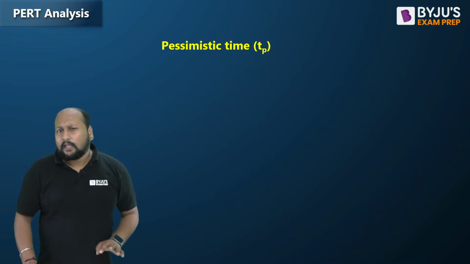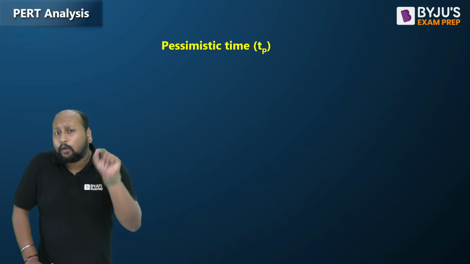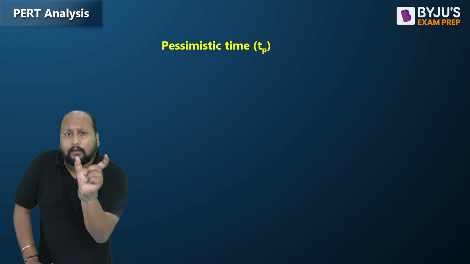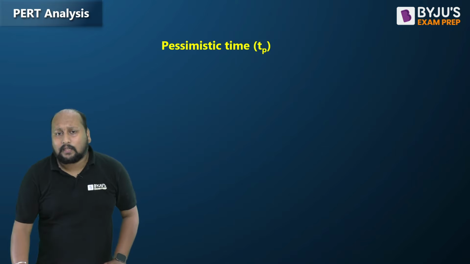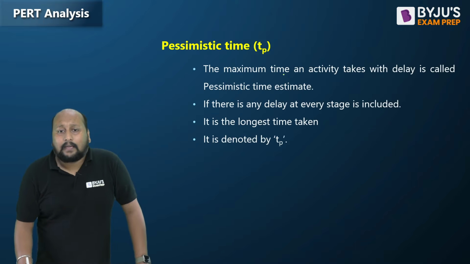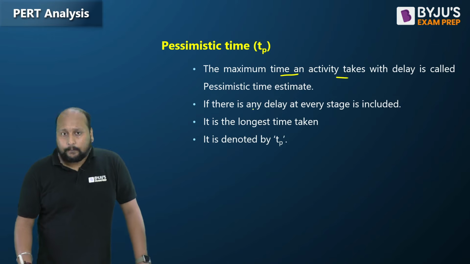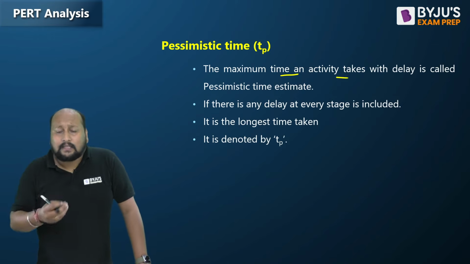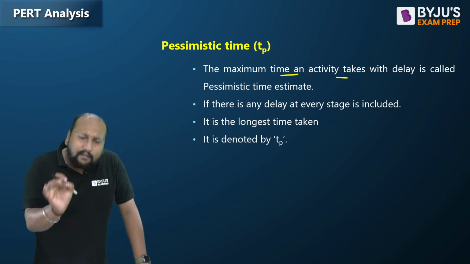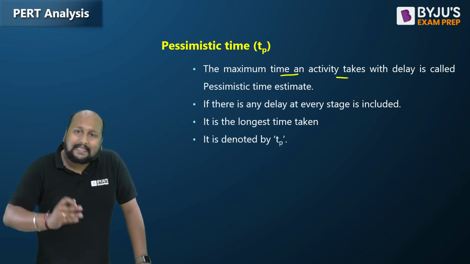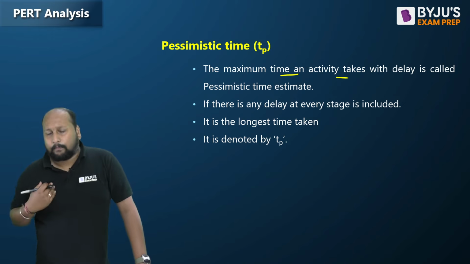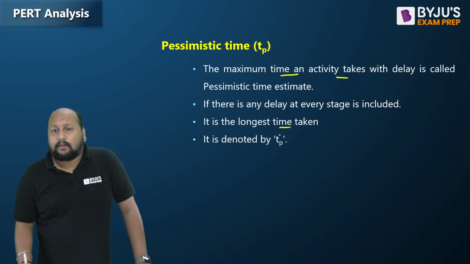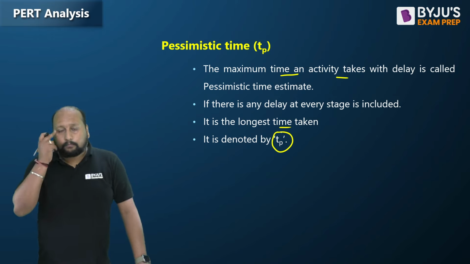So I can surely say the time required to complete an activity will be maximum if I'm considering this pessimistic condition, right? So it is the maximum time an activity will take. This is the maximum possible time the activity will take, because in this case I'll be taking every single condition as a delay condition or not in my favor, and this is the longest time taken, which is denoted by TP, right?